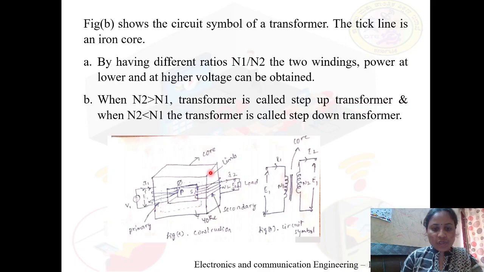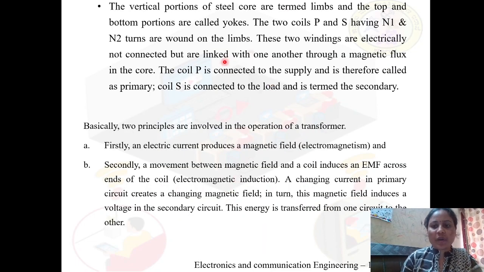The vertical portions we call limbs, and this is the core part, the iron core. The top and the bottom parts we call yoke. And it has primary windings and secondary windings. The primary winding will generally have n1 number of turns, and the secondary winding n2 number of turns.